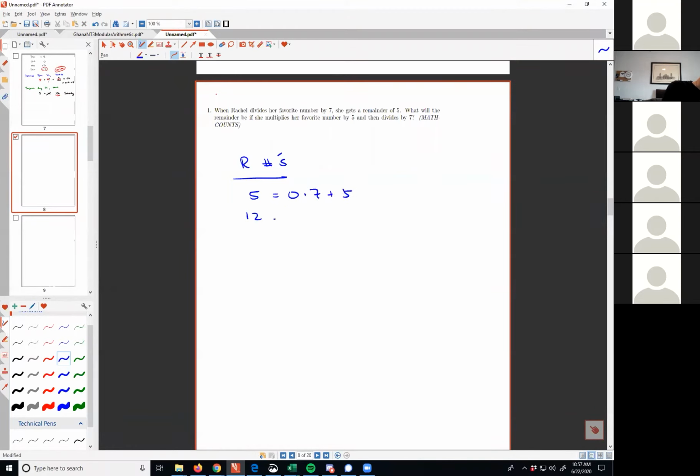Okay, Rachel's favorite number could be any of these numbers. And we could pick any one of them, like 26. And we could multiply that number by 5. 130.